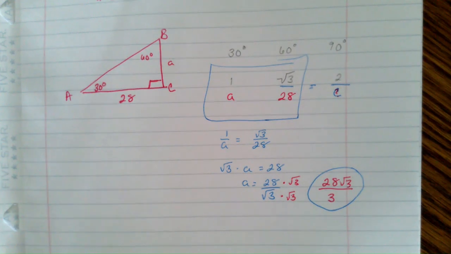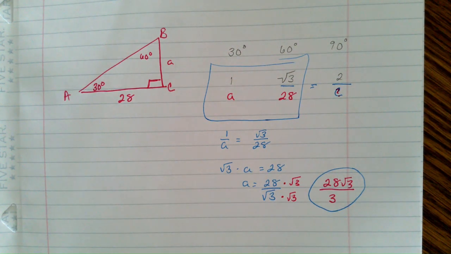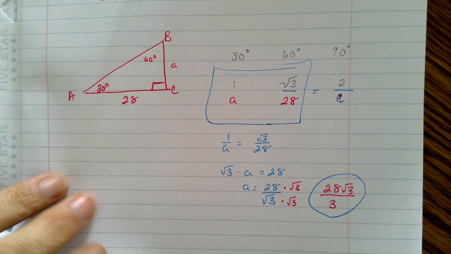That proportion is going to hold true the entire time. You just have to make sure that you're lining things up correctly and you've memorized correctly. The biggest error is putting the square root of 3 on the hypotenuse. The square root of 3 is smaller than 2.